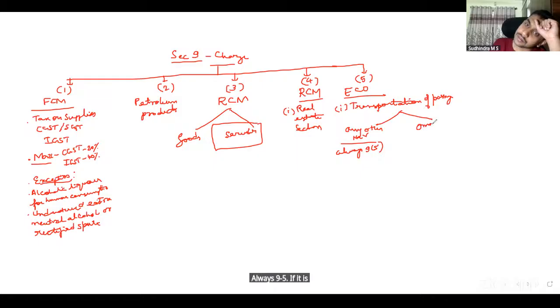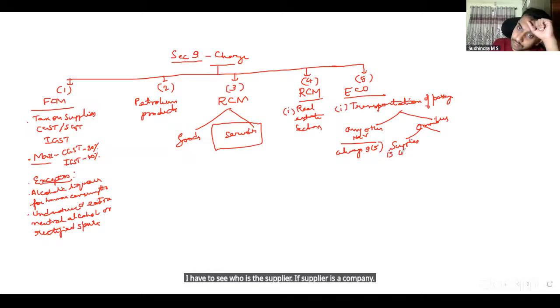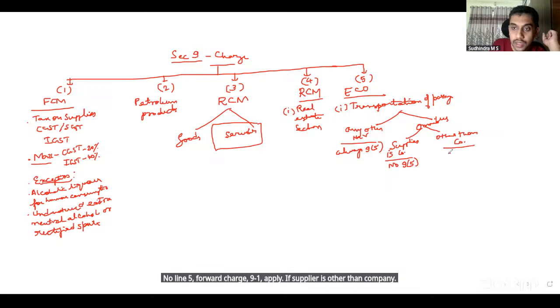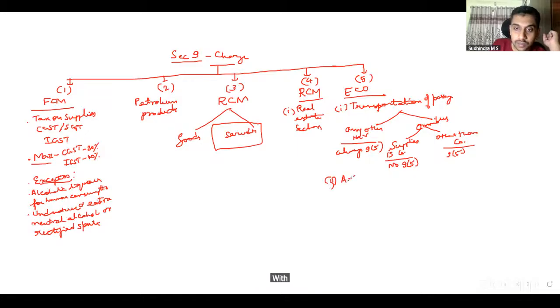If it is omnibus, I have to see who is the supplier. If supplier is a company, no 9.5, forward charge 9.1 applies. If supplier is other than company, 9.5.